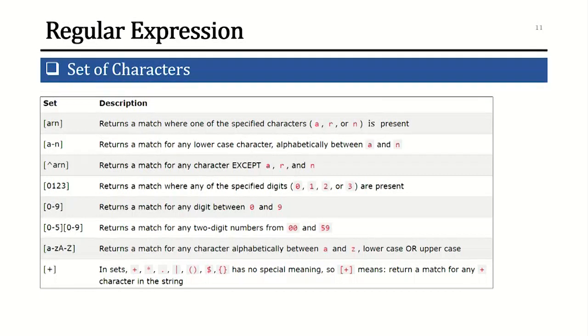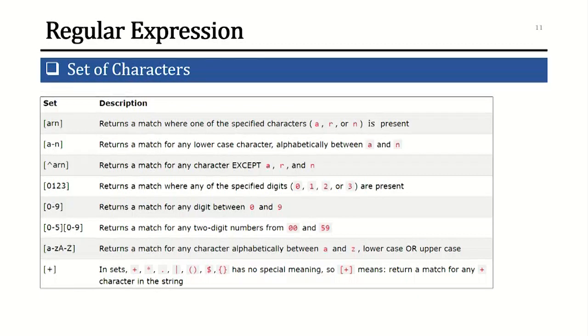So it can be either letter A or N. In the next example here, we have the range A to N. So that means any character in this range from A to N will give you a match. Most importantly, we need to make sure that our character given here is in the correct form, for example, in lowercase or uppercase.